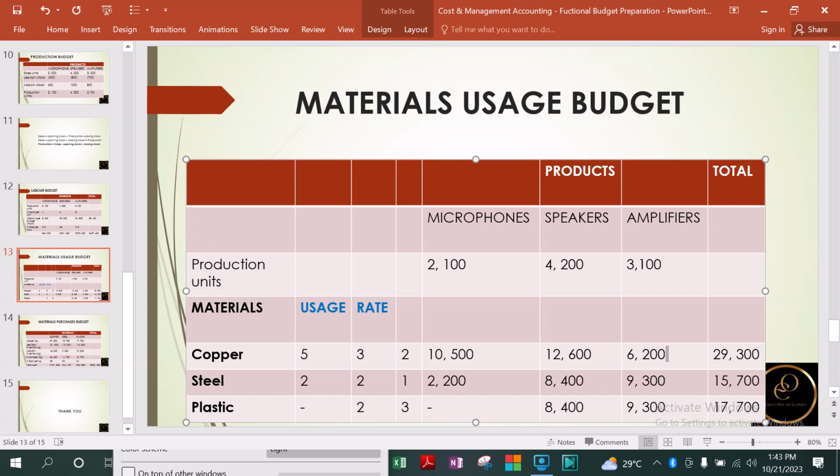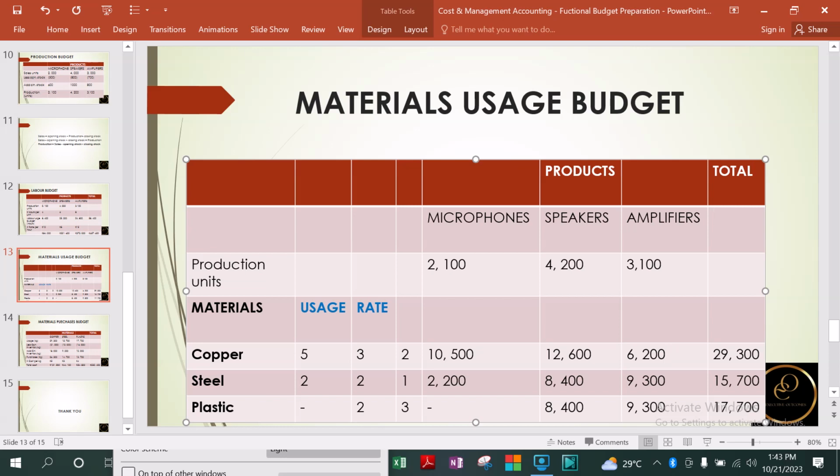Total copper to be used is 29,300 by adding 10,500, 12,600, and 6,200. Okay, that will be the total kgs of copper. So I can put here total kgs of copper.